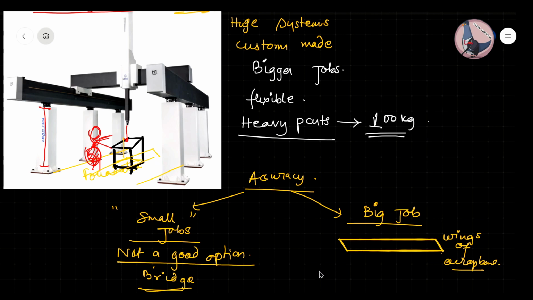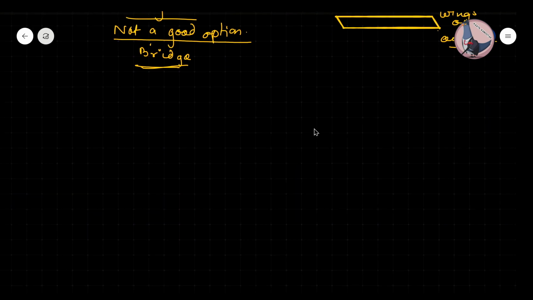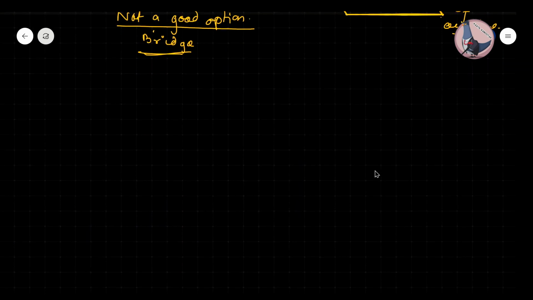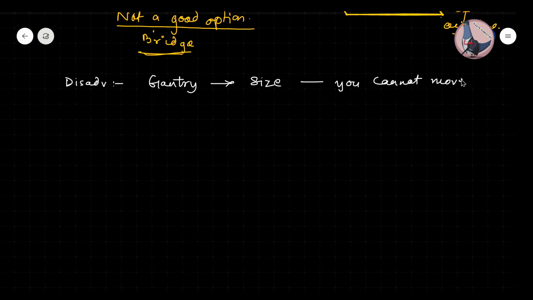Now the disadvantage with gantry is its size. Suppose you want to move a bridge type, in 2 days you can move it from one place to another. But gantry is not actually portable at all. You cannot move it anywhere. Then the second one is its price.